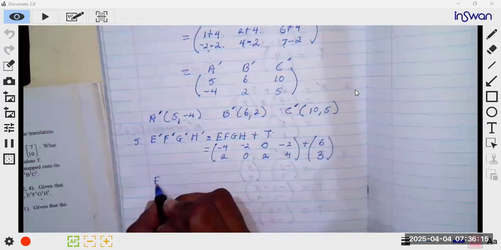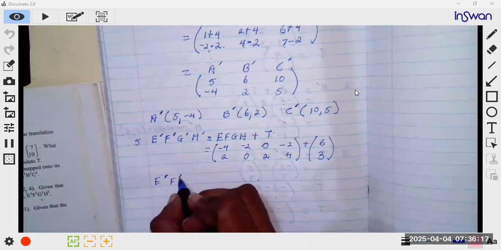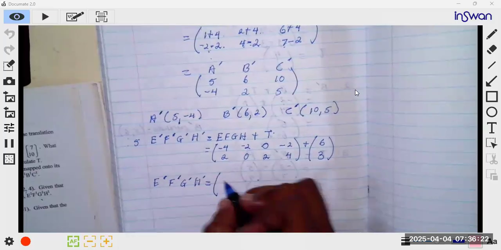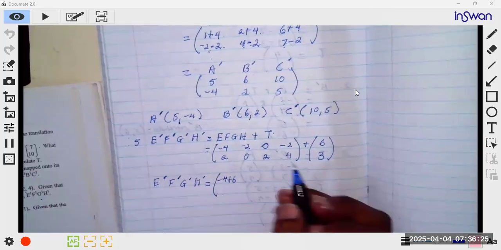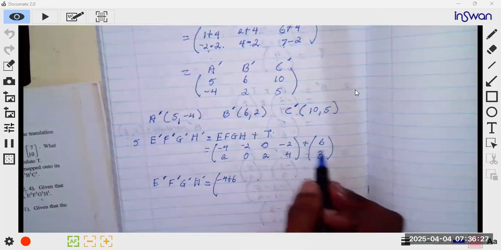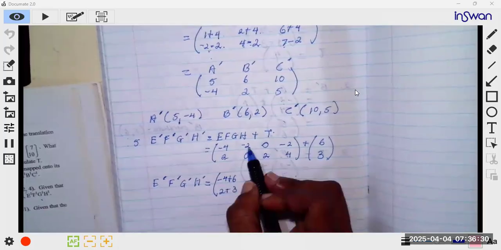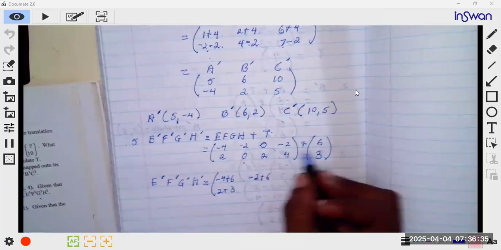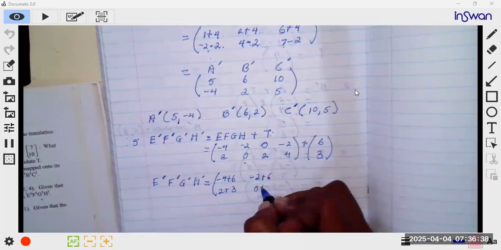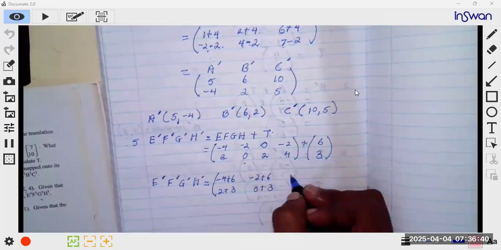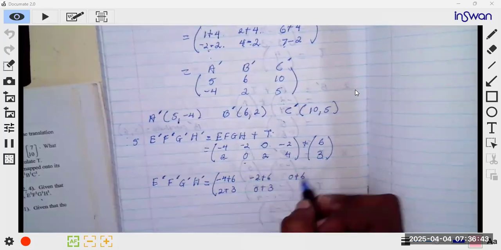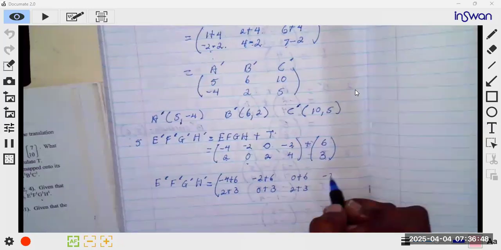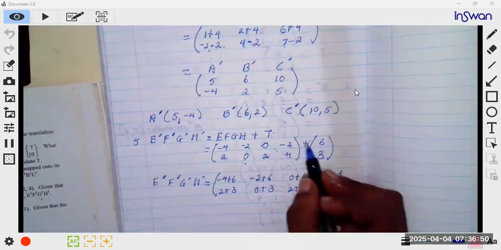So E prime, F prime, G prime, H prime will be equal to minus 4 plus 6, 2 plus 3. Minus 2 plus 6, 0 plus 3. 0 plus 6, 2 plus 3, minus 2 plus 6, 4 plus 3.